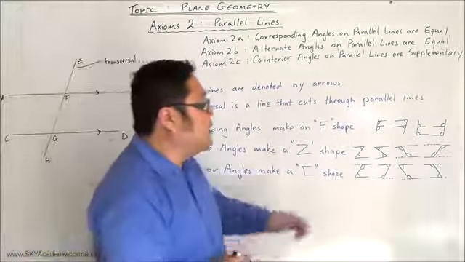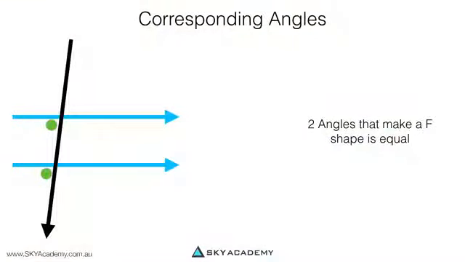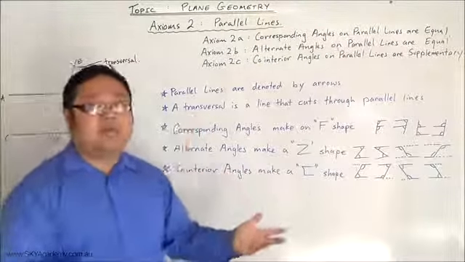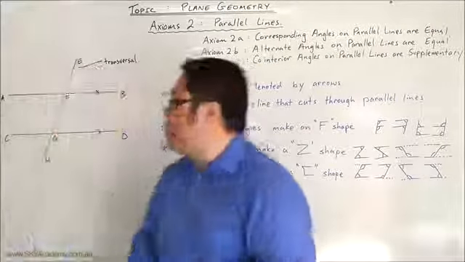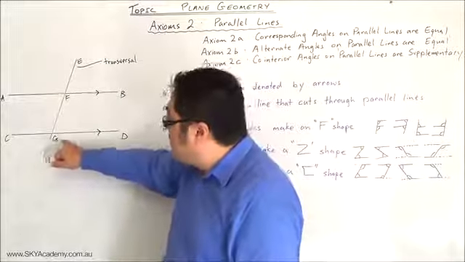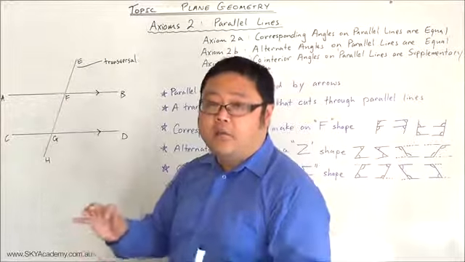And they will also be corresponding if they make a back to front F shape, an upside down and back to front F shape, or an upside down F shape as well. They're still corresponding angles. And the thing with corresponding angles is that corresponding angles on parallel lines are equal.